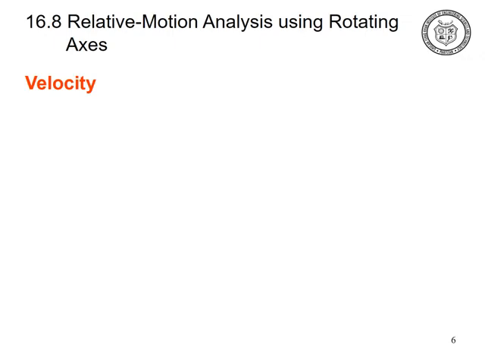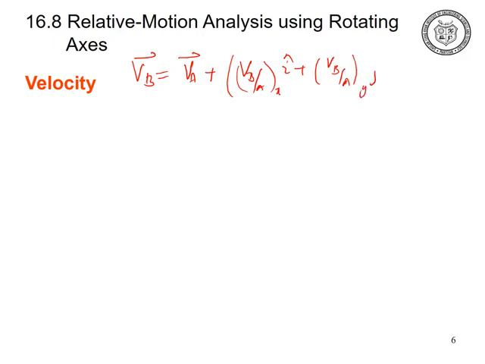So in the previous slide, the last equation that we derived was v_b equal to v_a plus v_b with respect to a in the x direction times i plus v_b with respect to a in the y direction times j plus x times di by dt plus y times dj by dt.